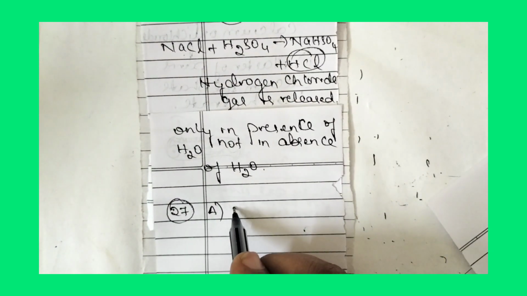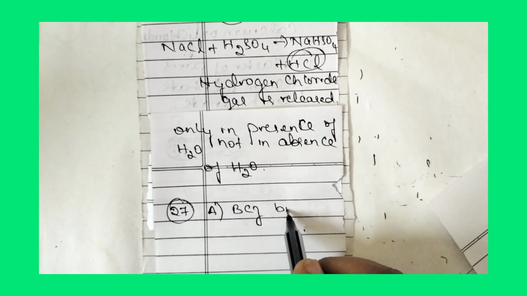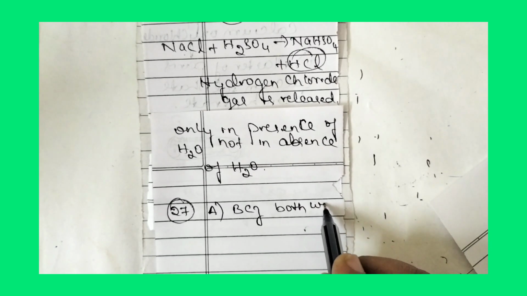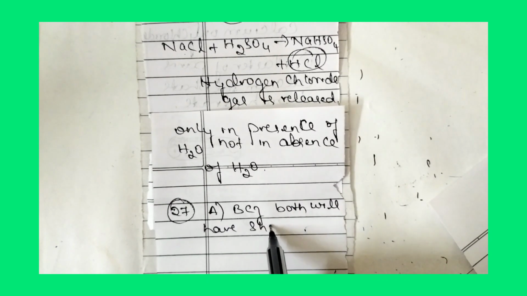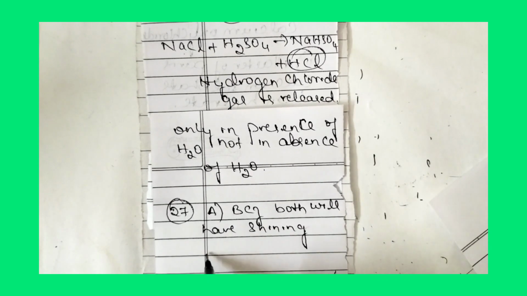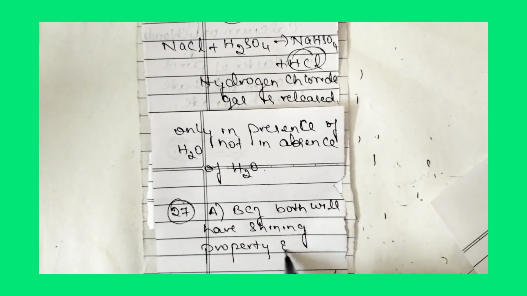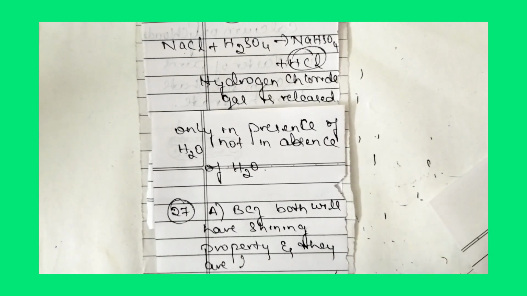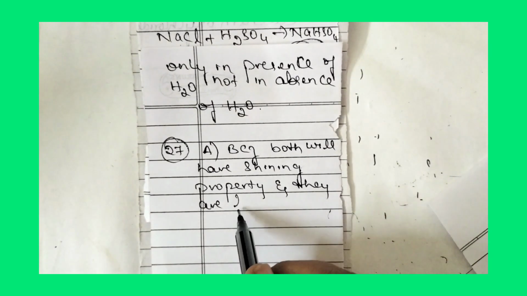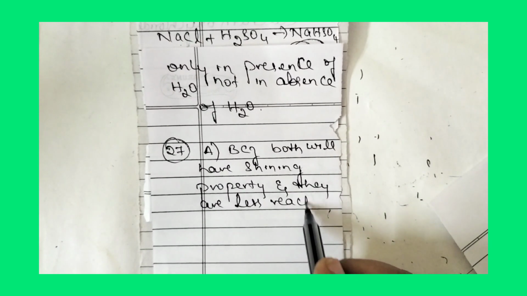Give reason. Gold and silver are used in the preparation of ornaments because both have shining property, and they are less reactive elements.